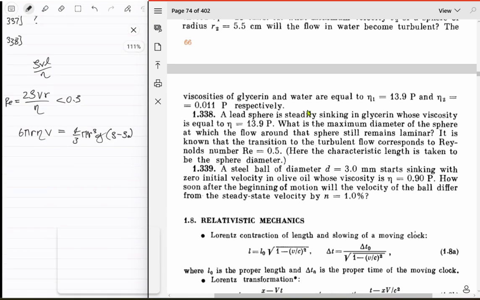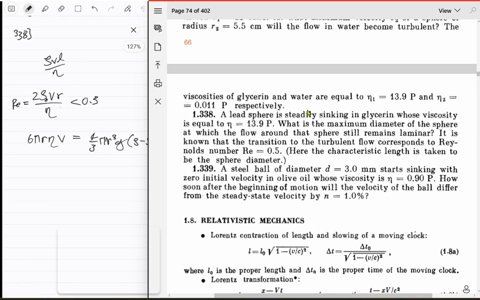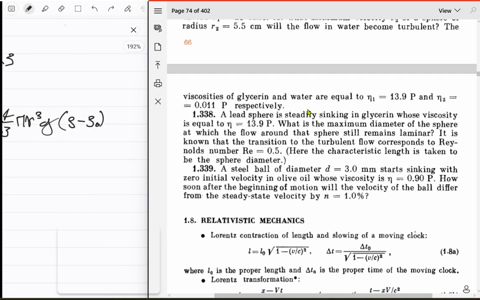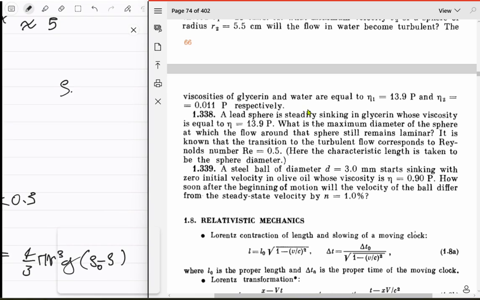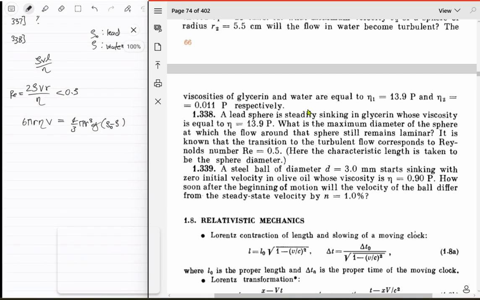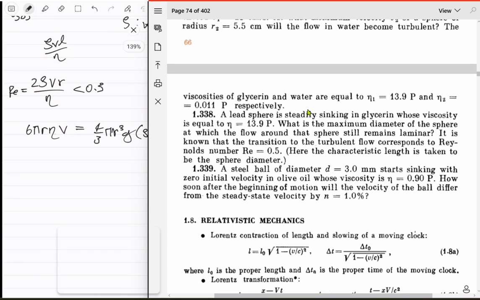Okay, and in this case you actually want density of water, I think, in this formula. Okay, I'm just gonna put it like this. So it's rho naught minus rho, where rho naught is density of lead, and rho is water. Awesome. So then you can write v as a function of r.